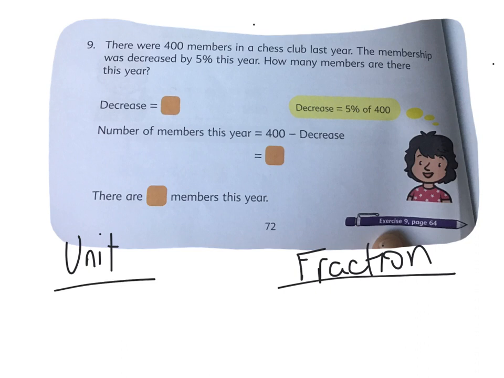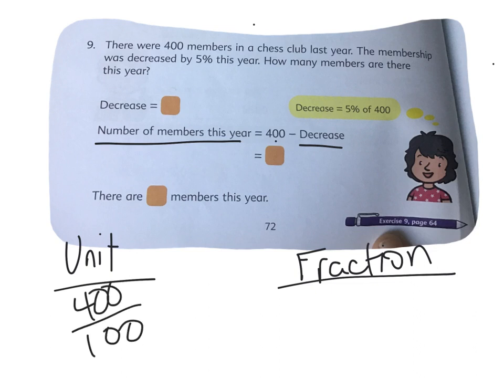How many members are there this year? So a decrease is going to be subtracting. So the number of members this year was 400, and we're going to subtract the decrease of 5%. So I'm going to do it two different ways. The unitary way is going to be 400 over 100, which equals 4.